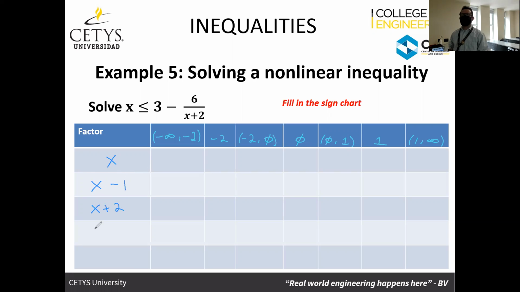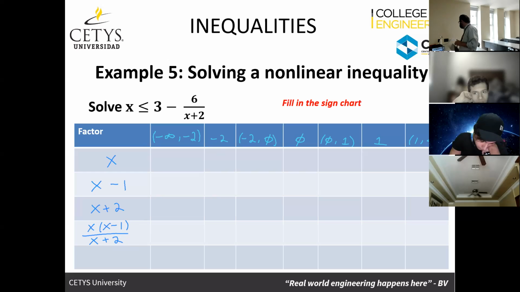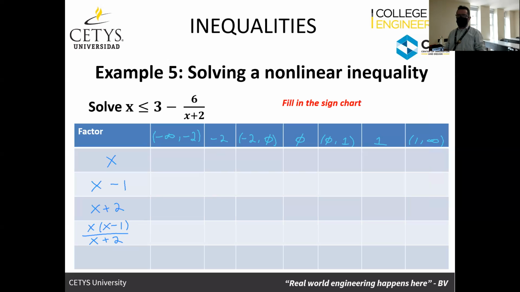And then we have the whole expression, which is x times x minus 1 divided by x plus 2. I'm going to fill in the sign chart here, and let me know if you have any questions, and verify with your own filling in of the sign chart.